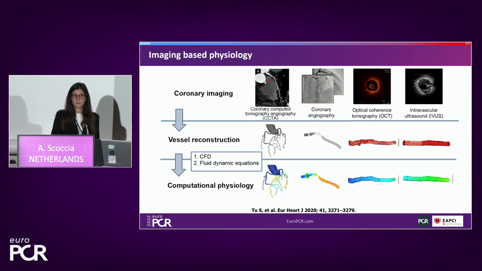It requires two angiographic projections in order to create a 3D reconstruction of the vessel. And it also uses a computational fluid dynamic approach based on the simplified Navier-Stokes equation in order to compute the pressure drop along the vessel.